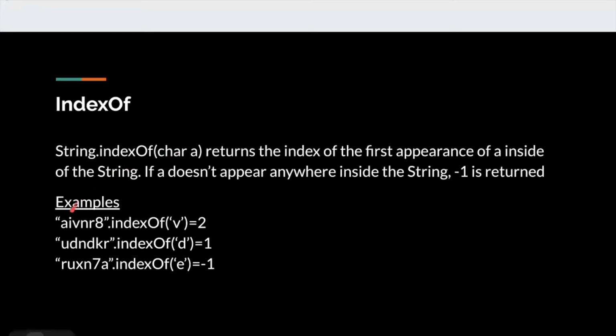So here are some examples. aibnr8.indexOf(v) would return 2 because the first appearance of v inside this string is at index 2. udndkr.indexOf(d) would return 1 because that's the index of the first appearance of d. ruxn7a.indexOf(e) would return -1 because e doesn't appear anywhere inside the string.